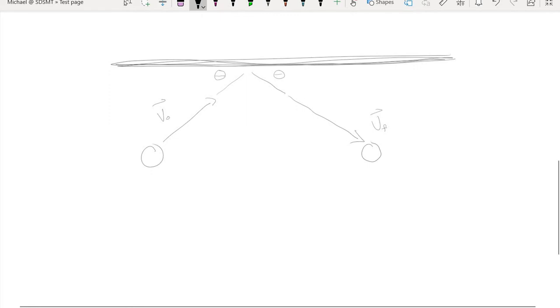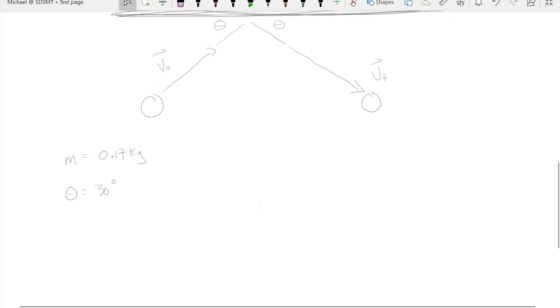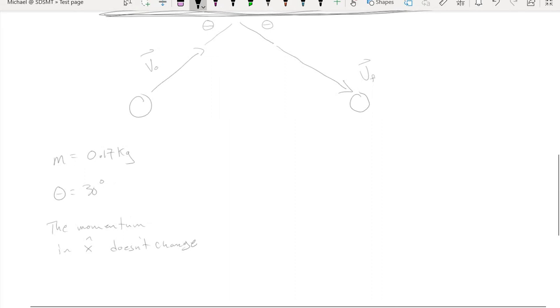So we're going to say that this billiard ball of mass m, we'll go ahead and use the mass of the cue ball just to make this a bit more realistic. We'll say that the incident angle is 30 degrees and that the momentum in the x direction doesn't change during the collision.